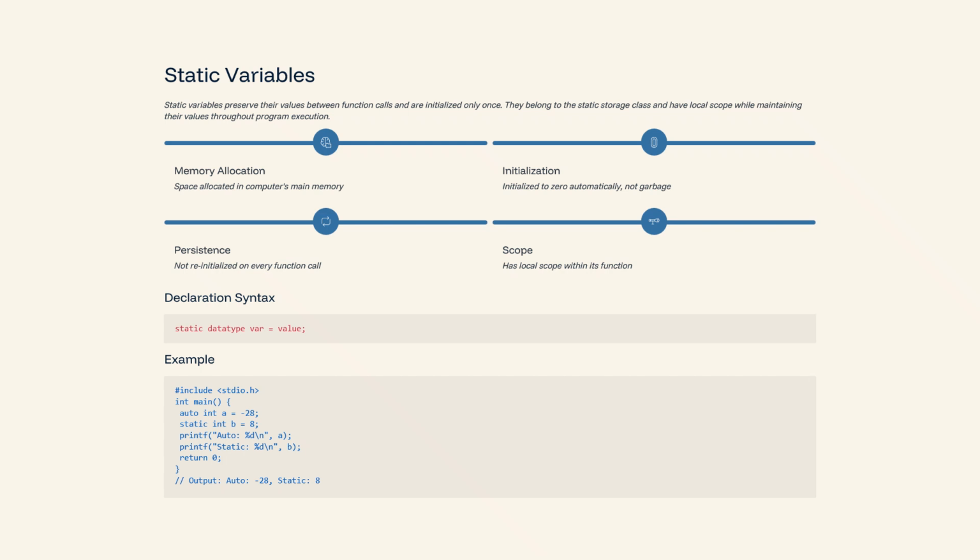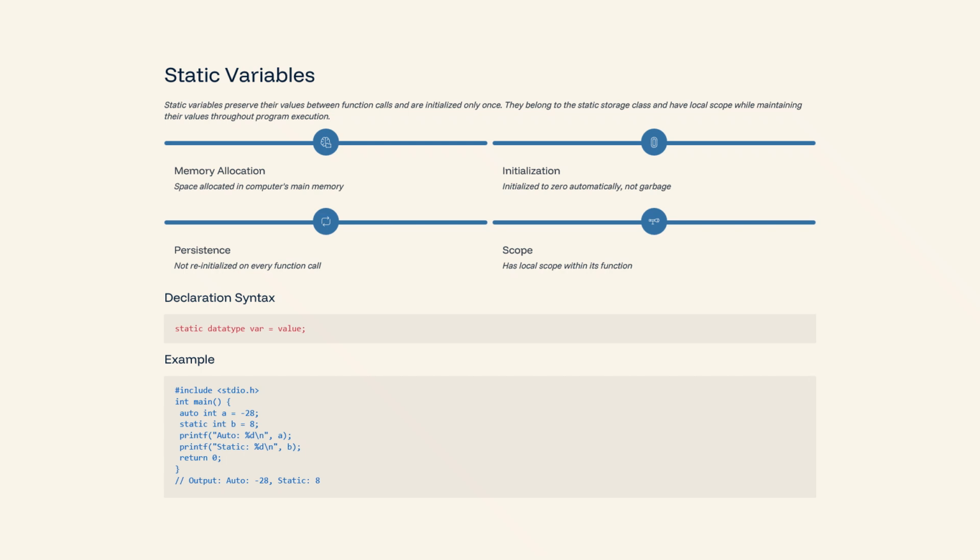The auto variable is by default a local variable. Both auto and static are defined within the function, but the static variable preserves its value even between function calls. So this is a brief example of local and global variables.